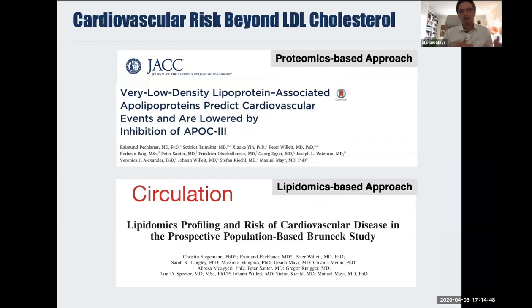So what I wanted to show you here is how we have used, on one hand, a proteomics-based approach to demonstrate that triglyceride-rich lipoproteins may be underappreciated in mediating cardiovascular risk. This complements a previous study where we have used in the same Bruneck cohort MR spectrometry-based lipidomics approach, and again made this surprising observation that certain triglyceride species showed a very strong association with future cardiovascular events.